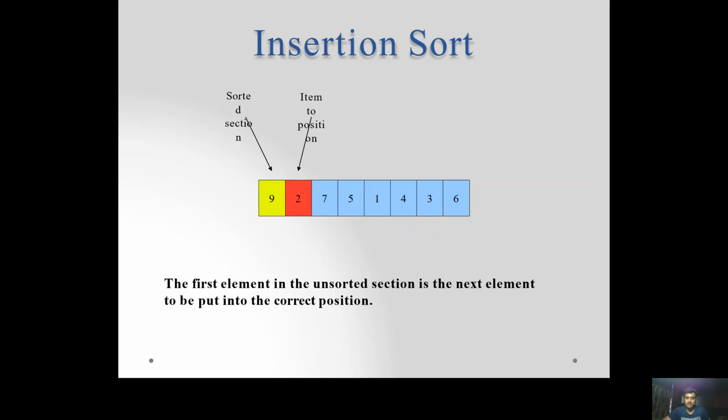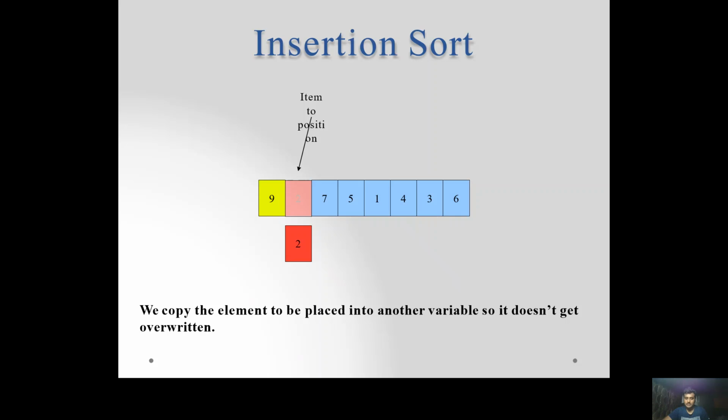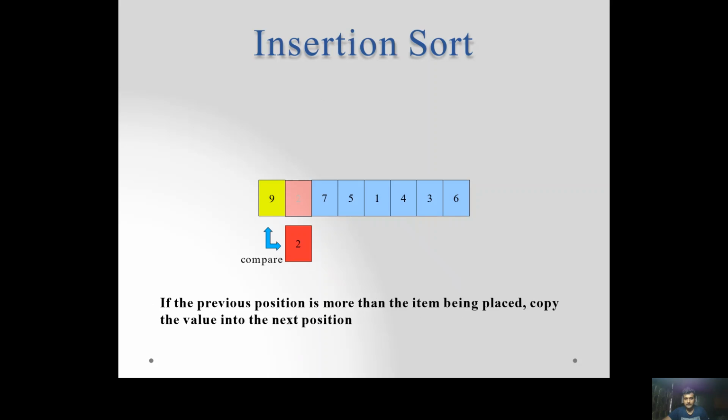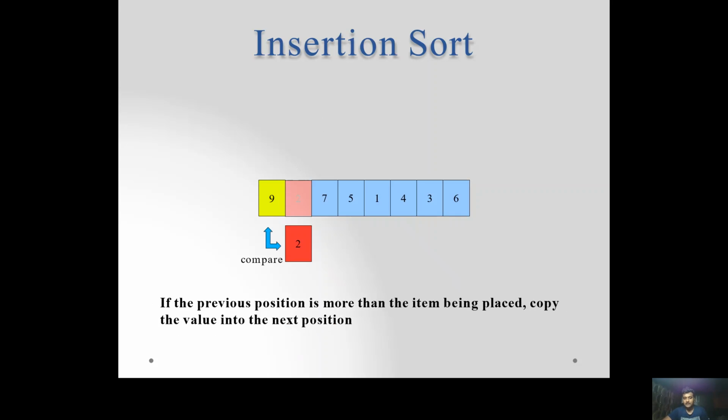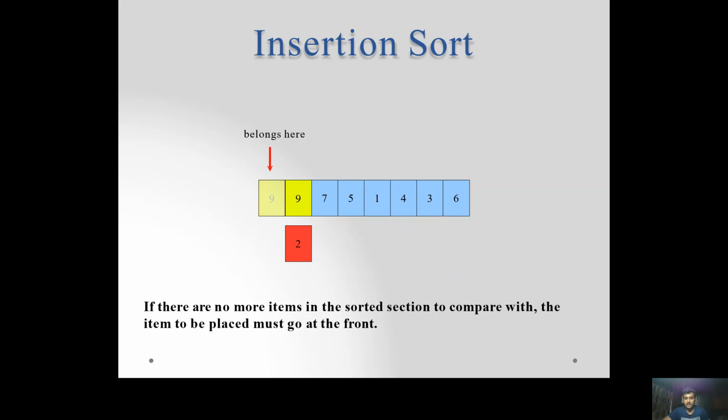We take the first element in the unsorted section as the next element to be put in the correct position. We copy the element to be placed into another variable so it doesn't get overwritten, sort of storing it in a temporary location. If the previous position is more than the item being placed, copy the value into the next position.